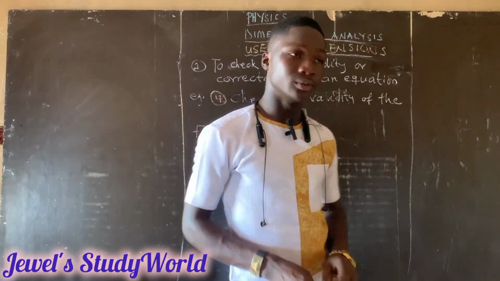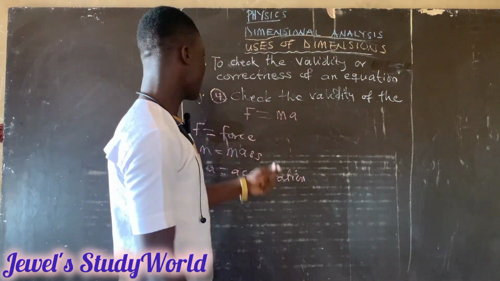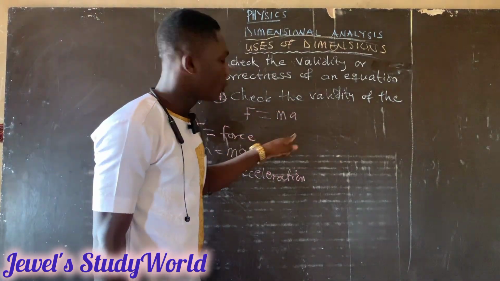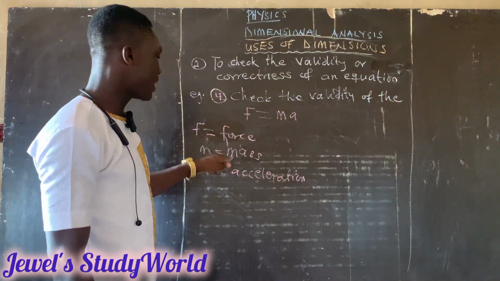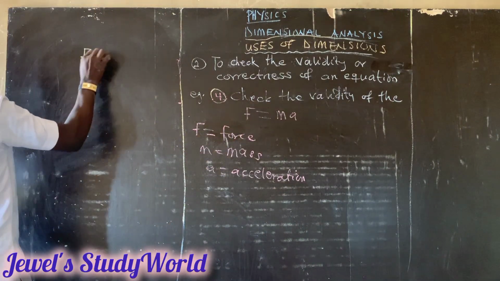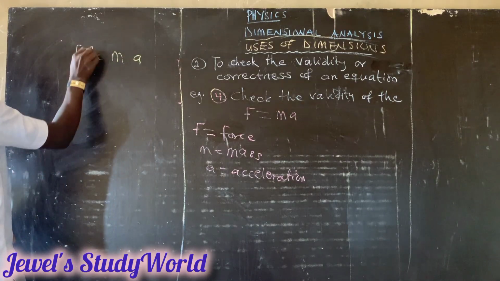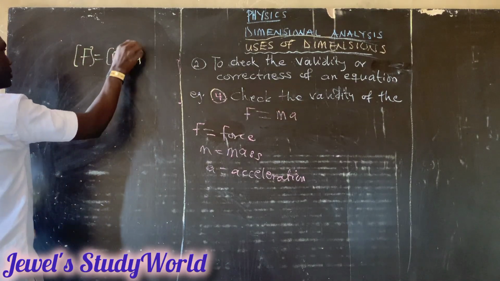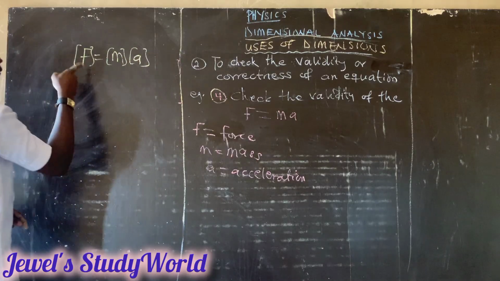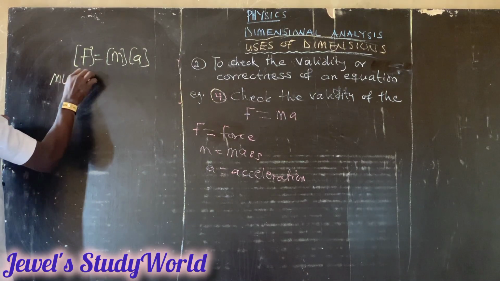So for our next question, we have that check the validity of the equation F is equal to ma, where F is force, m is mass, a is acceleration. So you have that F is equal to ma. So the dimension of force should be equal to dimension of mass times dimension of acceleration. And force has a dimension of MLT negative 2.